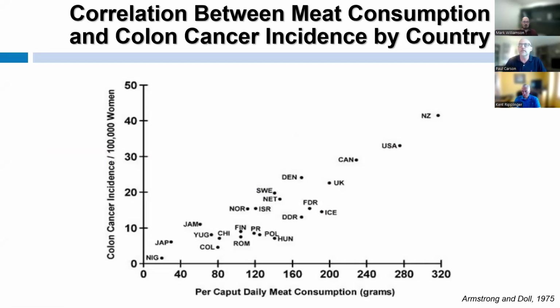Here's a graph of per capita meat consumption plotted against colon cancer incidence in women by country. You can see from this graph that the countries that have higher per capita meat consumption seem to have a higher incidence of colon cancer. So this looks like a nice correlation between these two variables.